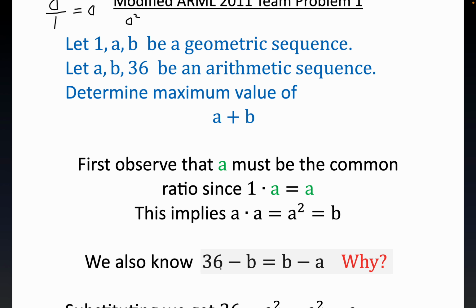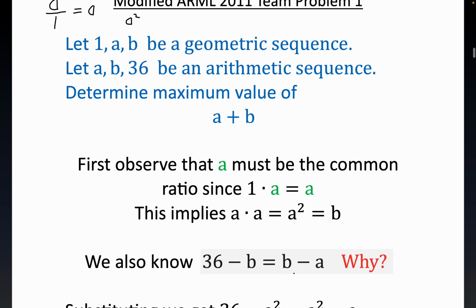We know that 36 minus b has to equal b minus a, because of this notion of common difference. There's a common ratio right here, and a common difference right here. So the difference of terms 2 and 3 has to equal the difference of terms 1 and 2.